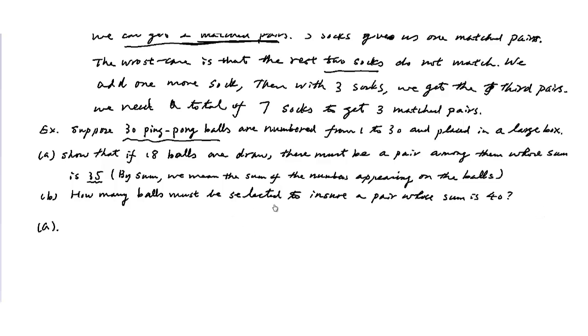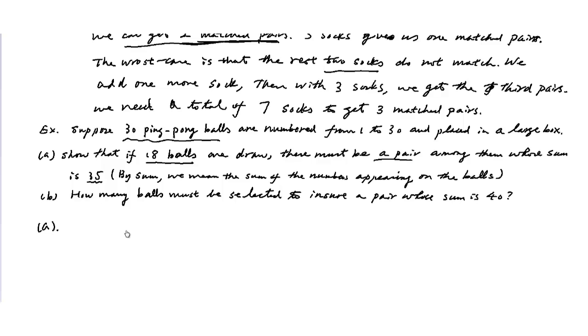That means a pair, so you put a pair of ping pong balls together so that the total is 35. Because we talk about 18 balls being drawn, we create 18 holes.